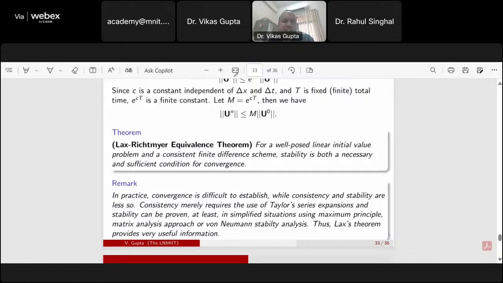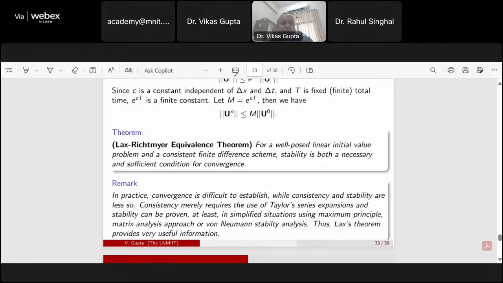Consistency plus stability implies convergence you can easily prove, and that proof follows the same way as I discussed for the convergence of the FTCS scheme. But if your scheme is not stable, then it will not be convergent. That proof is not easy, but you can find it in the book authored by K.W. Morton.